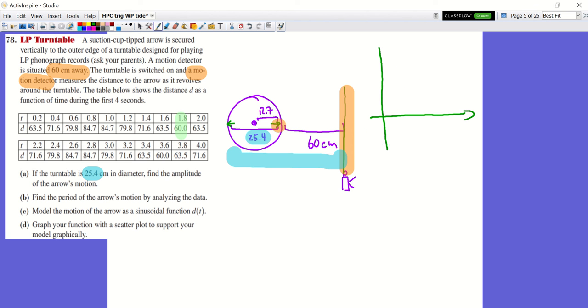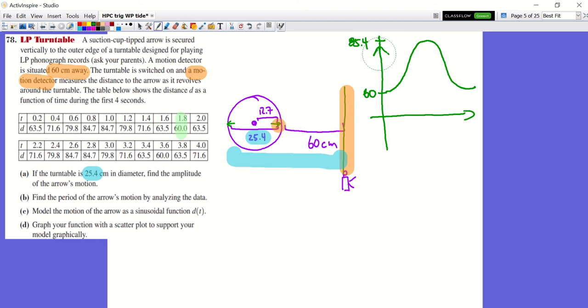We're going to start it at its low, like a low tide, okay? And then it goes high right here, and at its low point, it is 60, and at its high point, it's 85.4. Again, the 85.4 is derived from 60 plus 25.4, okay?